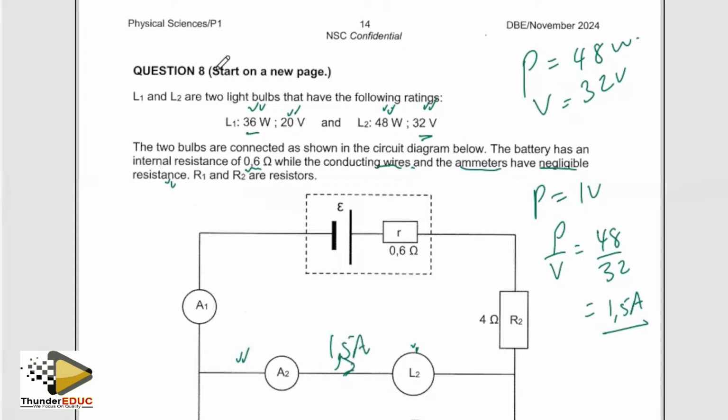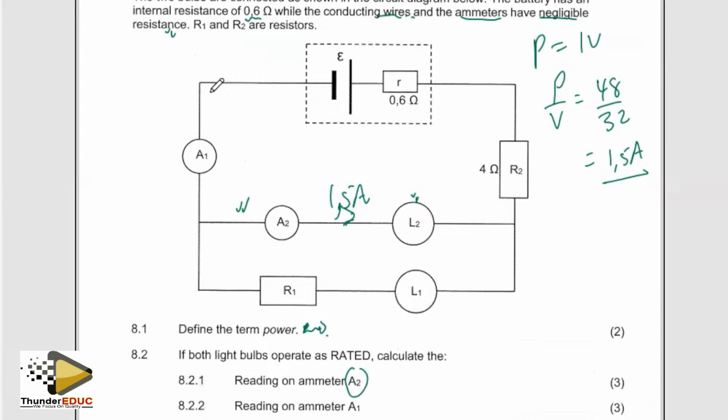All right, then 8.2.2, they want us to get the ammeter reading A1. So looking at the connection of A1, this ammeter is reading the total current within the circuit, okay? So if I can find the current that is passing through this bulb, we know that the current between this bulb and then this R1 is just going to be the same current.